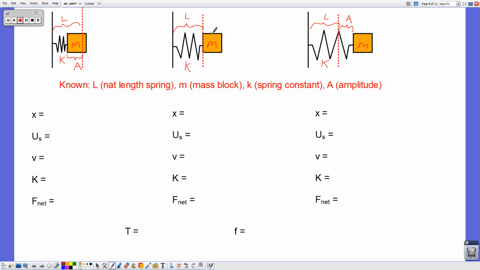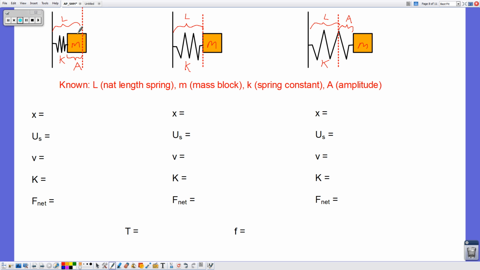Here is the equilibrium position of the block, and it is oscillating around it like this. So when it's furthest to the right, it looks like this, and when it's furthest to the left, it looks like this. I'm going to add something to this in a different color. I'm going to add the force.